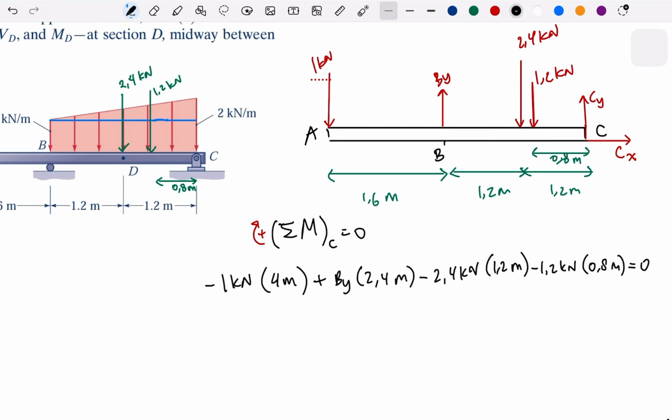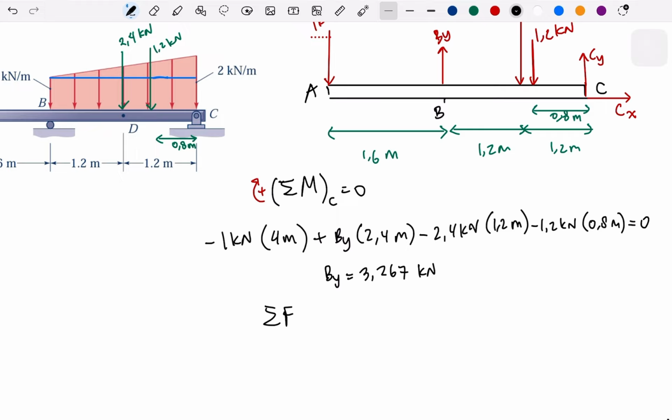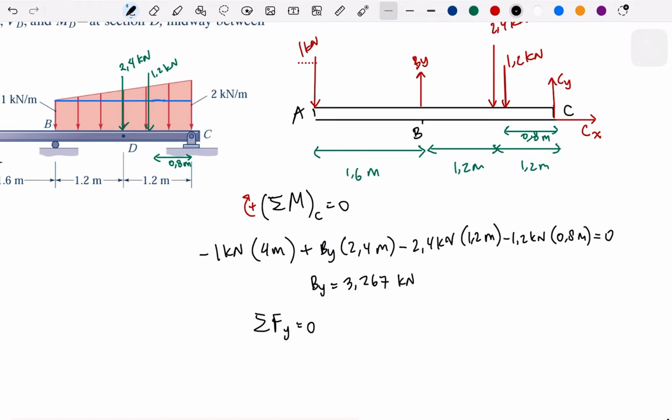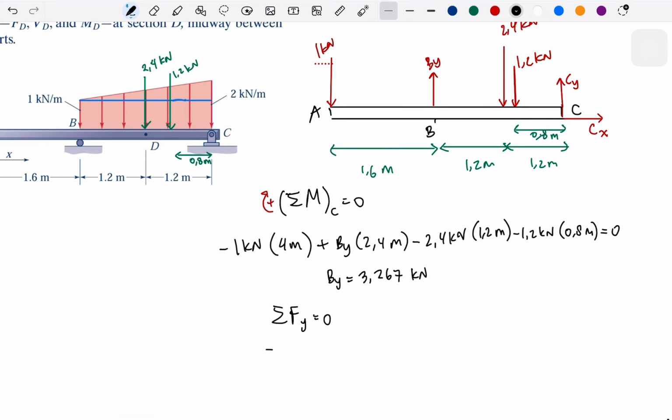You could check the answer, but I have copied the answer: it is 3.267 kilonewton. That is By. And then to get the Cy, we could just use the sigma force. So -1 kilonewton plus 3.267 By, and then minus 2.4 minus 1.2 and then plus Cy.